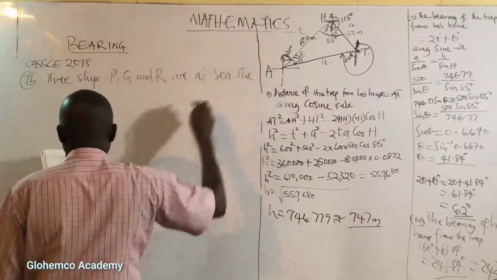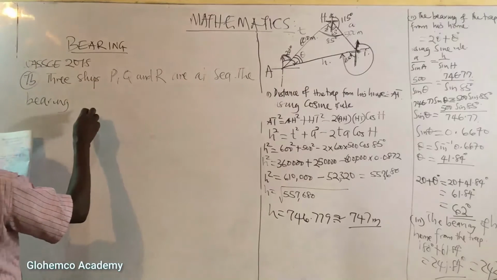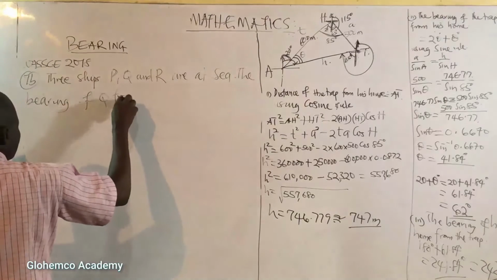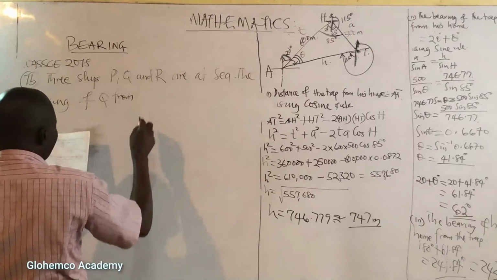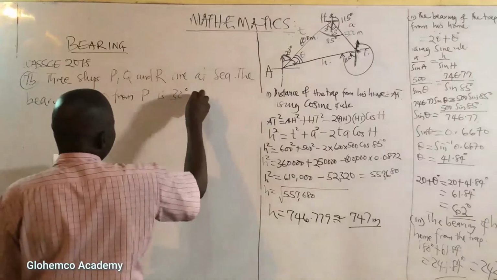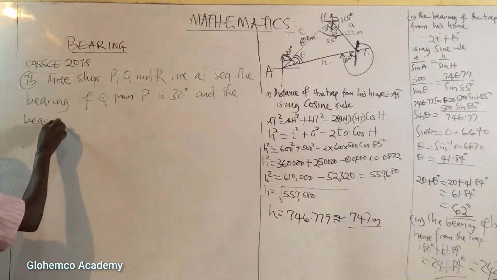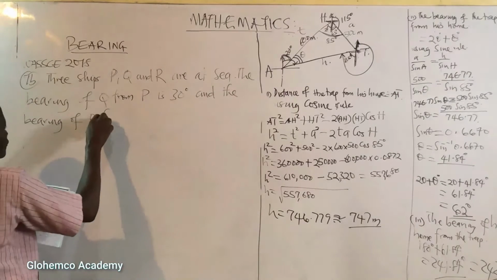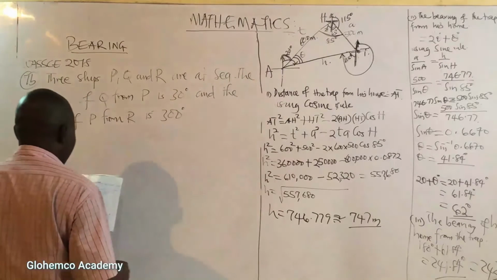The bearing of Q from P is 30 degrees, and the bearing of P from R is 300 degrees.